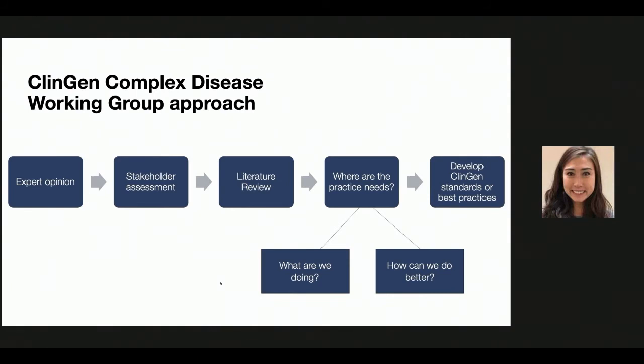So after we figured out who needs to be involved, we moved to the next step of looking at the literature. We really wanted to assess what is the variability in how PRS are used, how it is reported on, and then from there, what are good examples of standards or best practices, and how can we improve upon that? I'll mention, this was in 2018, I think.